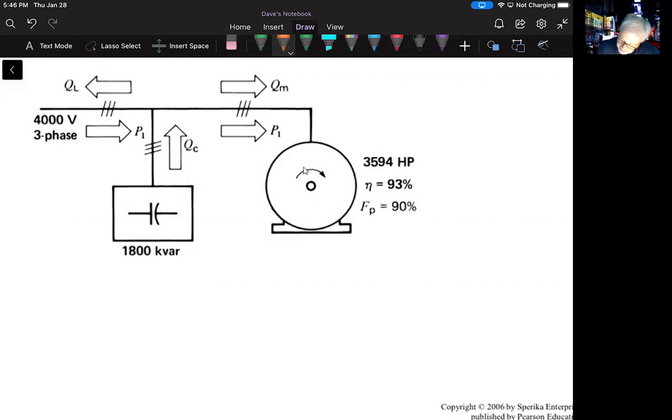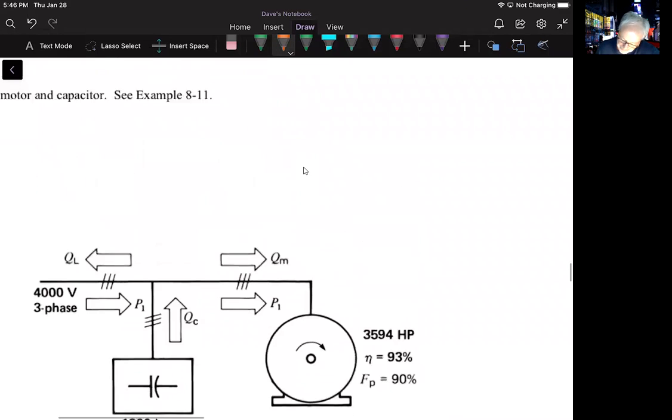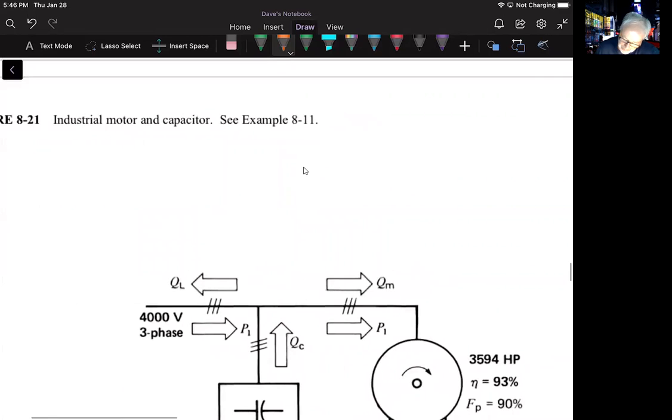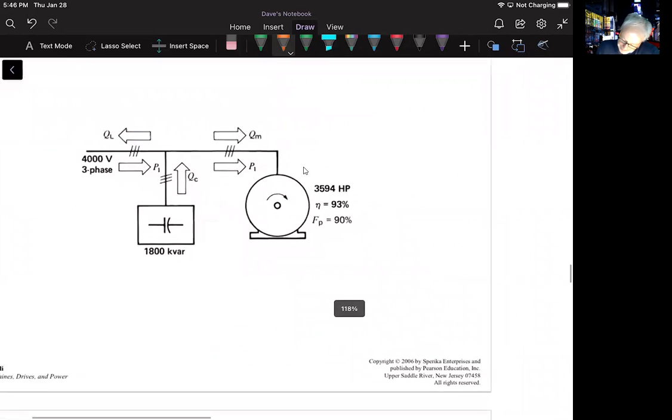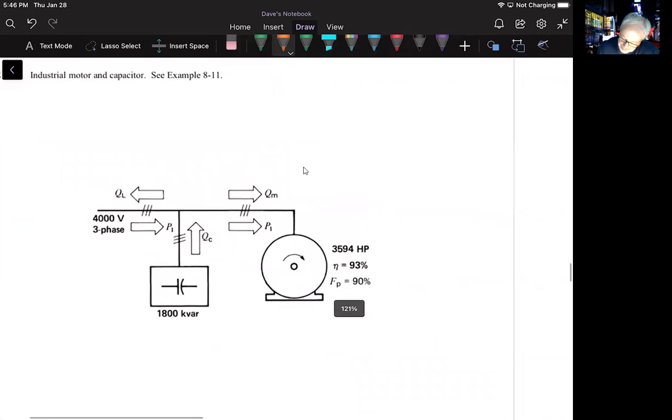But anyway, it says that I have in this figure 8.21, an industrial motor and a capacitor.